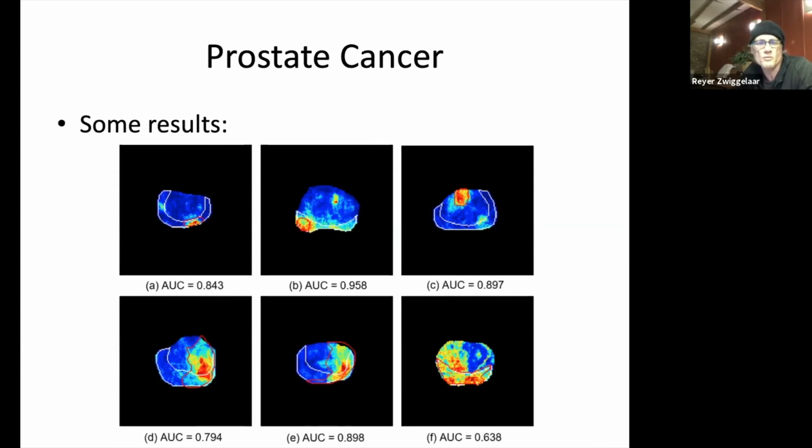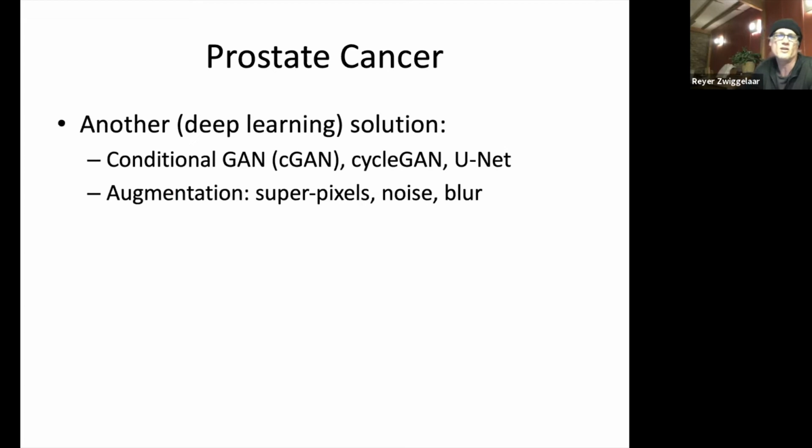More recently, because what we've done with those results is we can combine the different segmentations into one overall segmentation, we've recently started using deep learning methods in there as well. So we've looked at a set of deep learning approaches, but we've done augmentation slightly differently. We've looked at augmentation using superpixels and adding noise and blur.